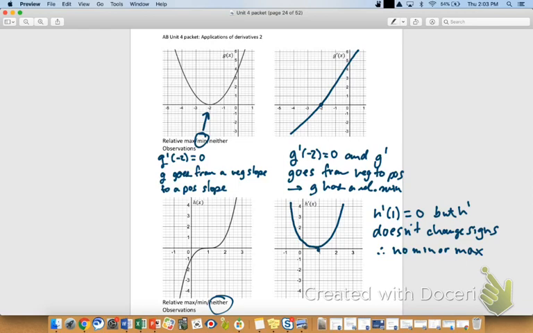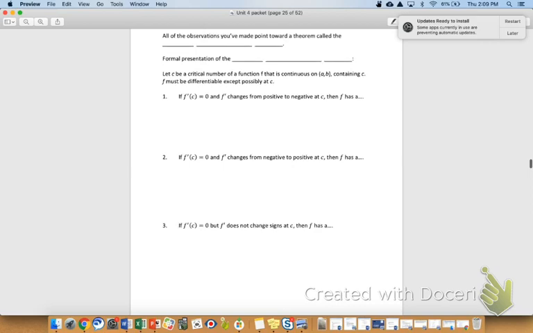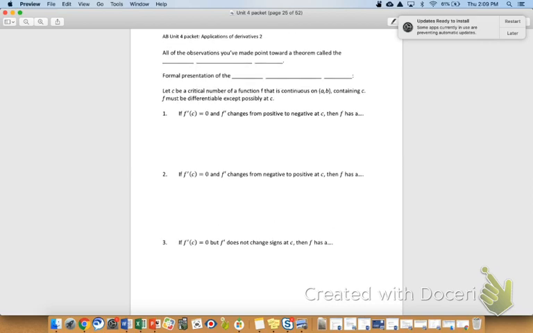We good? Let me formalize this for you. This is going to sound really familiar, mainly because you guys have done some really awesome work for the last few minutes. So everything we've been talking about is leading us towards something called the first derivative test.